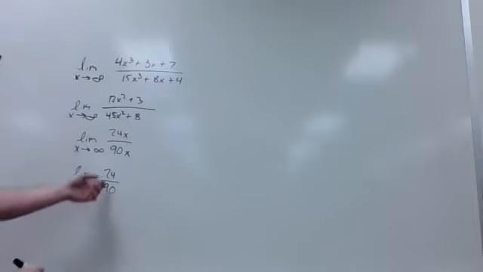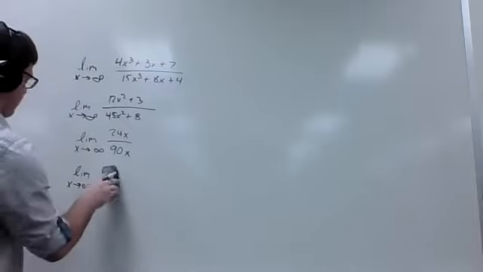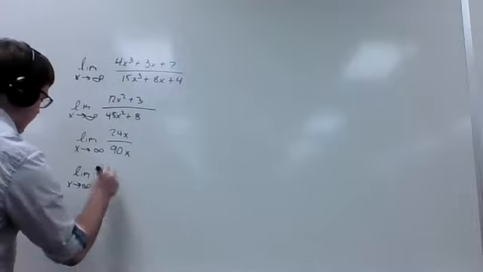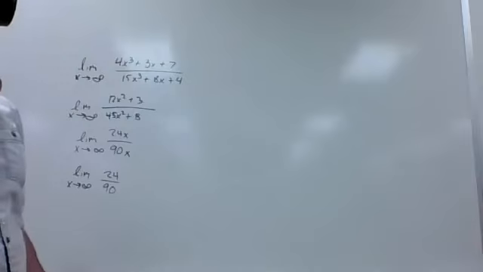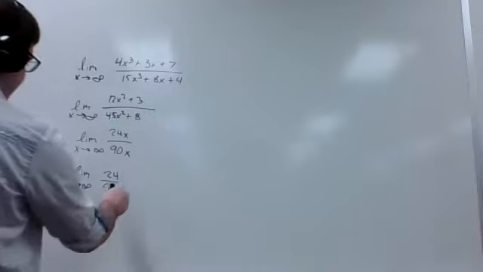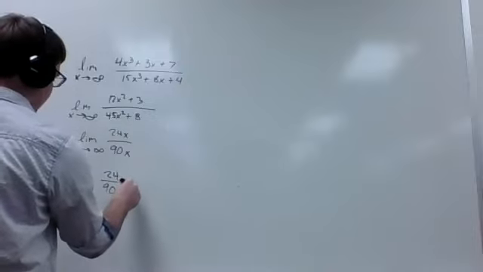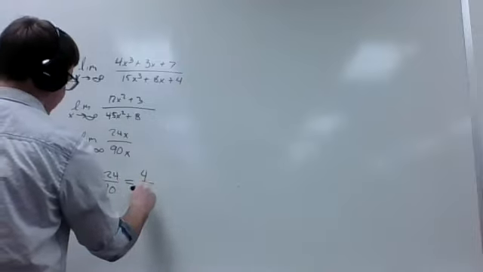There are no x's in our equation, so that's our limit. We can simplify this by taking a factor of 6 out of it, and we're left with 4 over 15.